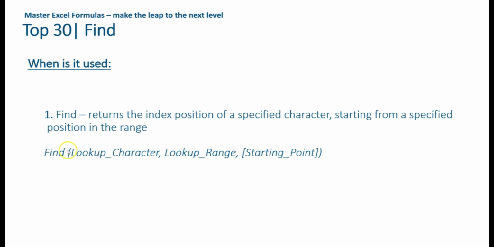The way the formula is written is first of all we need to have the lookup character, that is usually in quotes, and then we need to have the lookup range, and an optional thing here is the starting point. I'll show you one example without this option here, and one example with the option as well.